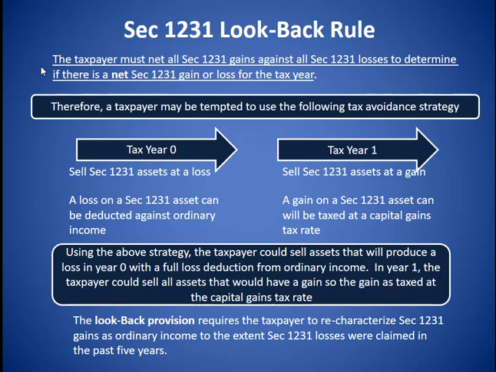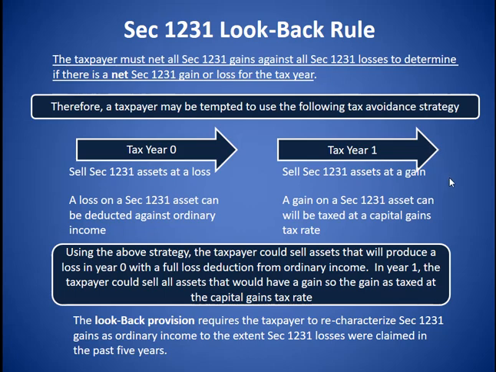If we start off with tax year 0, let's assume that we sell all our Section 1231 assets at a loss. A loss on a Section 1231 asset can be deducted against ordinary income in that year. We go to tax year number 1.